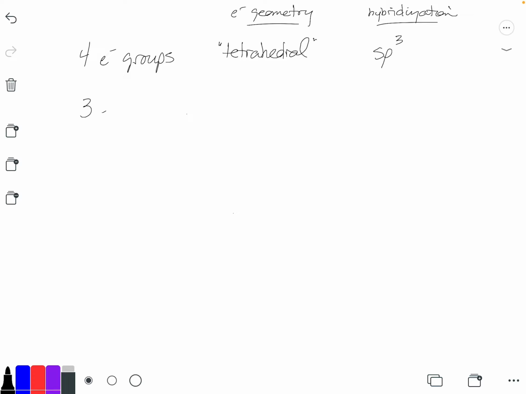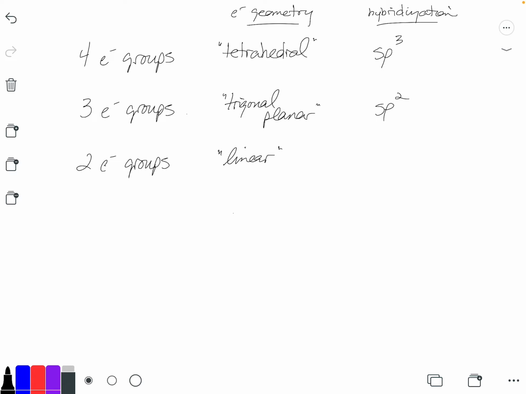If we had only 3 electron groups, now we would have used the wording that it's a trigonal planar electron geometry. I will say sp2 hybridized. And when we talk about only 2 electron groups, we would have used the description of being linear. That's sp hybridized.